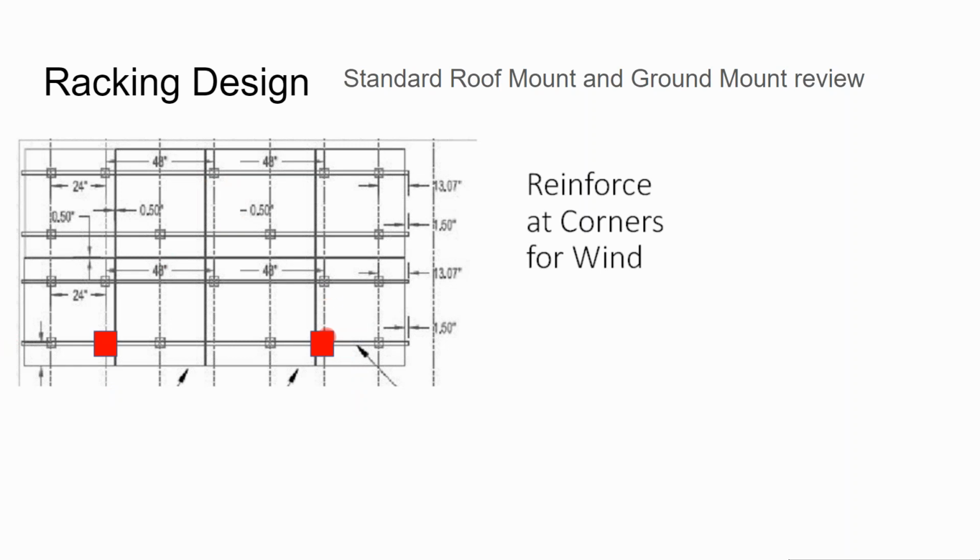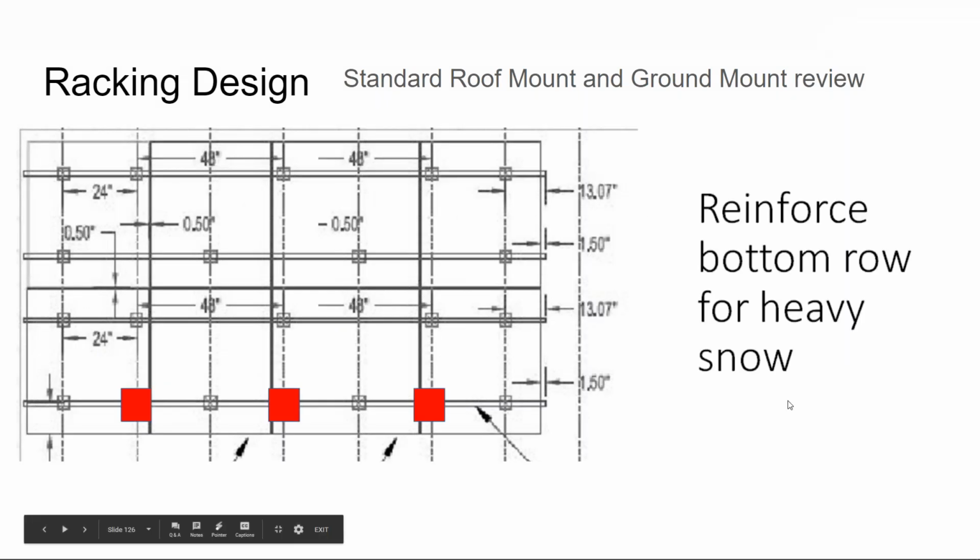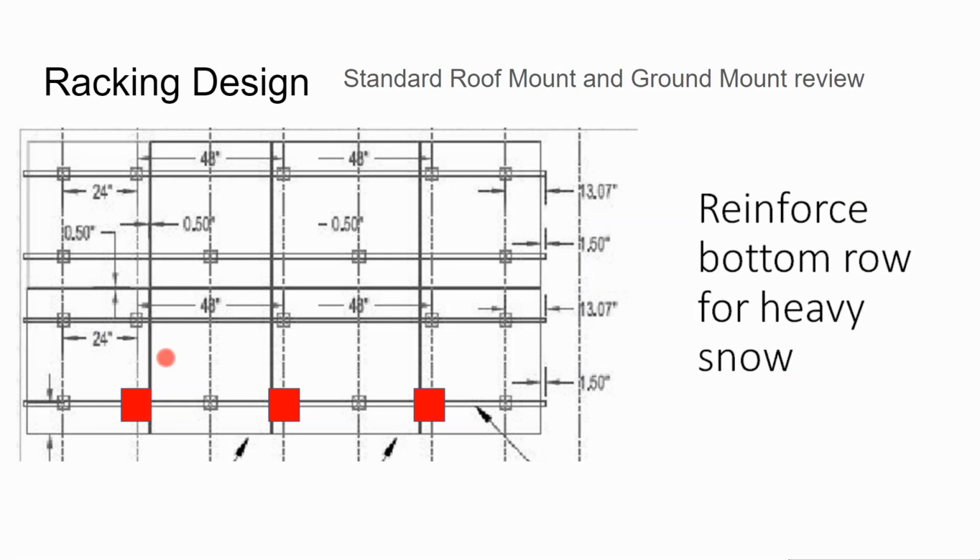Even so, I would recommend reinforcing the corners of the array. That's where you're going to get higher loads. And especially if you're in heavy snow areas, taking the bottom row of rail and going 2 foot on center across the bottom row of rail in particular, because that's where the weight of the snow is going to most greatly impact.